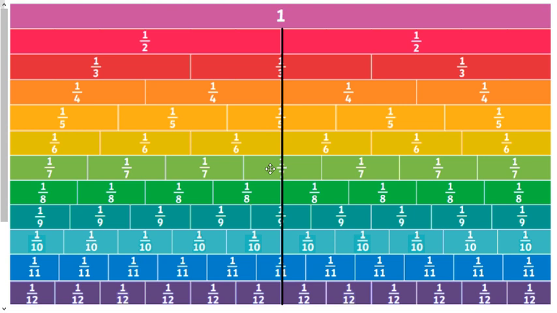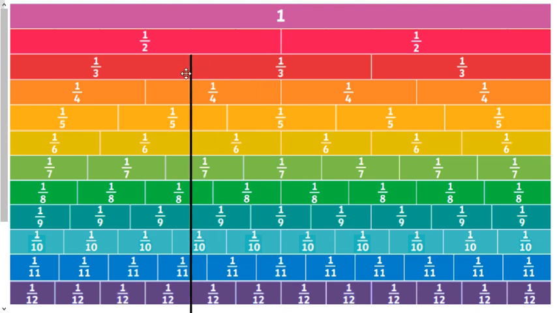So let's move our line and look at another one. Let's move it to 1/3. Again, the fractions that match up exactly to the line are equivalents. Now we can see that we have 2/6, 3/9, and 4/12, and they're all equivalent to 1/3. We'll move it one more time, this time to 3/4.